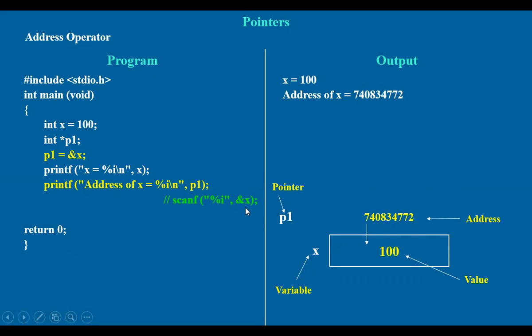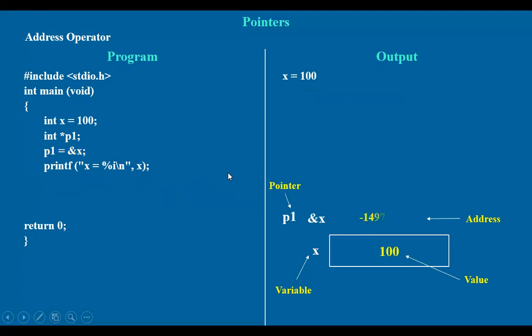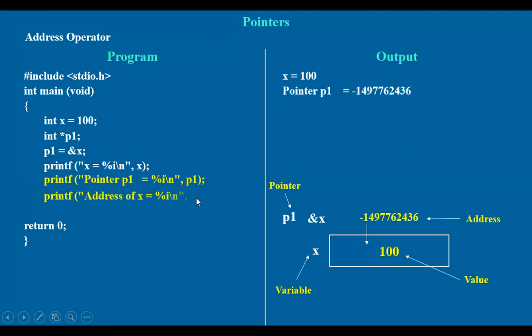Actually, when you enter a value, that value is put in a particular memory location, and in this particular address, we are keeping that value. That is the meaning of it. So here, even if you refer to this ampersand x, that ampersand x is nothing but the address of this particular variable called x.